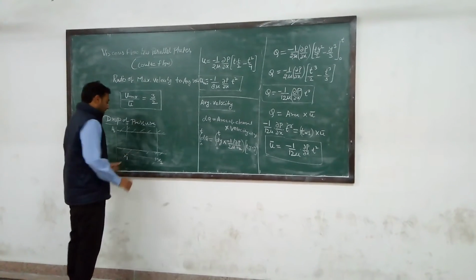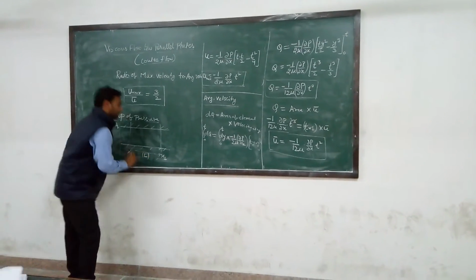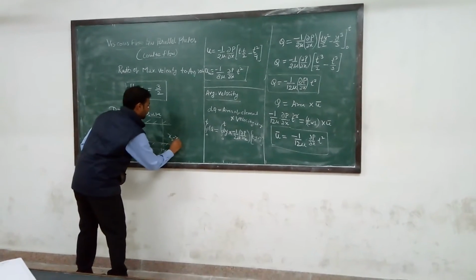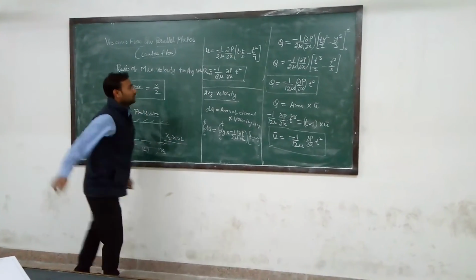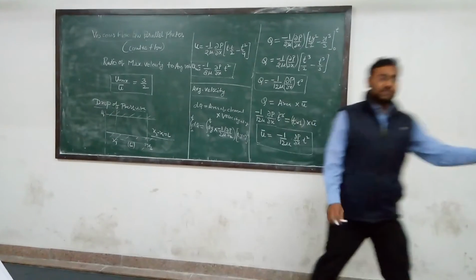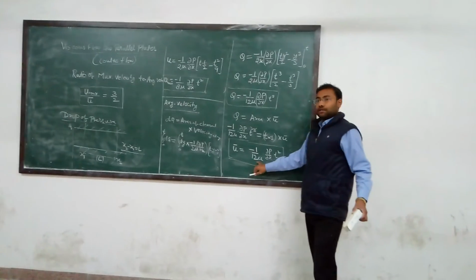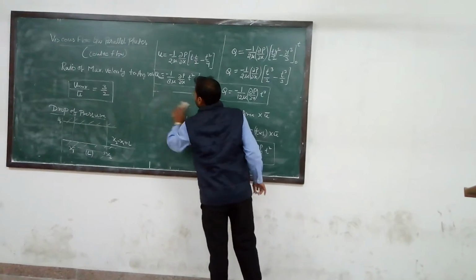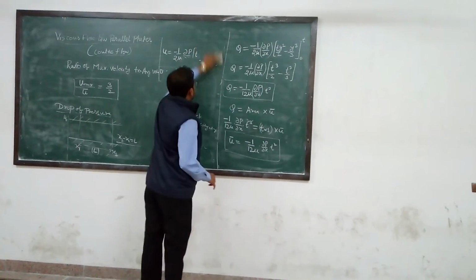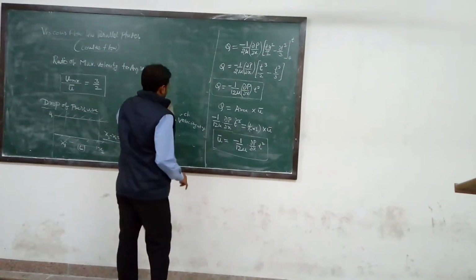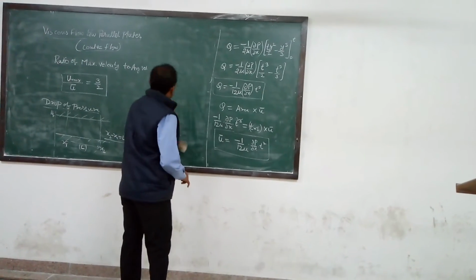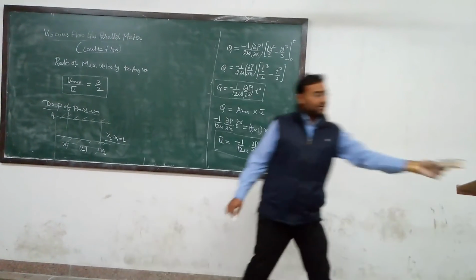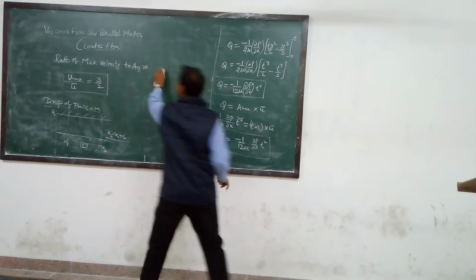So x2 minus x1 is equal to L. Now we have the average velocity, which is this.